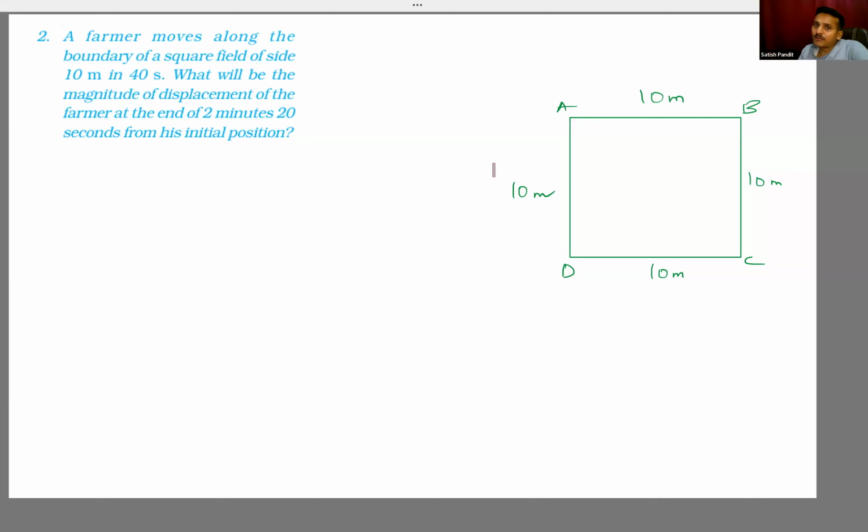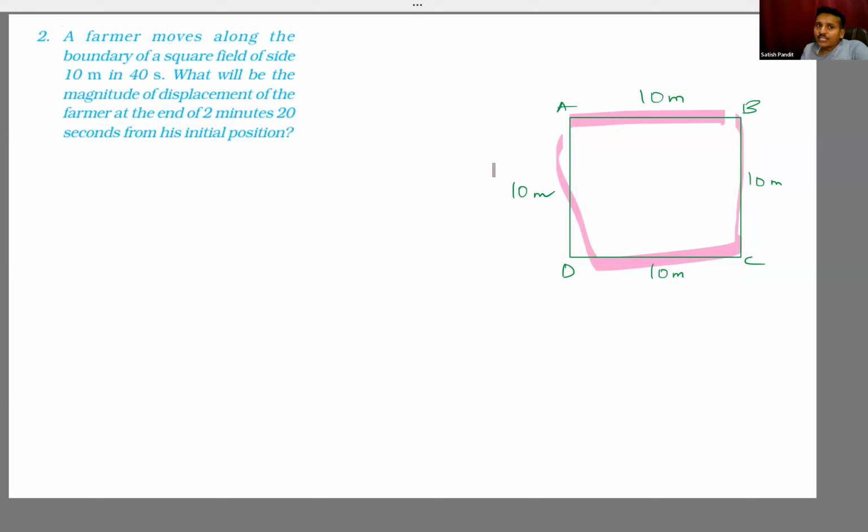I'm starting the farmer from point A. So the farmer is going like this, like this, like this, like this. So a farmer moves along the boundary of a square field of side 10 meter in 40 seconds. That means 40 meter. See, boundary means what? If you see 10 plus 10 plus 10 plus 10, 40 meter the farmer is covering in 40 seconds. If you understand that carefully.